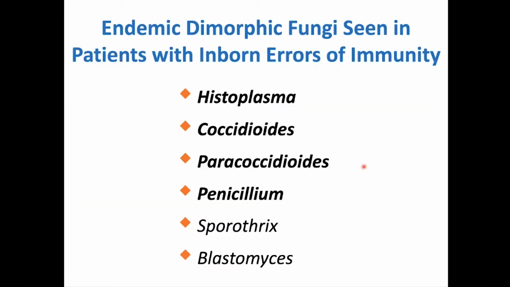So there are 6 major dimorphic fungi that can cause disease in inborn errors of immunity, as shown here.